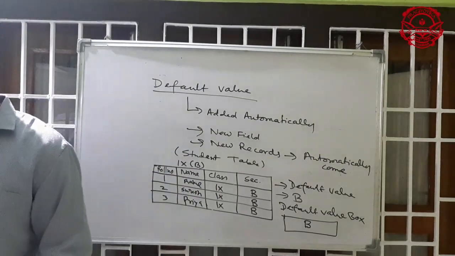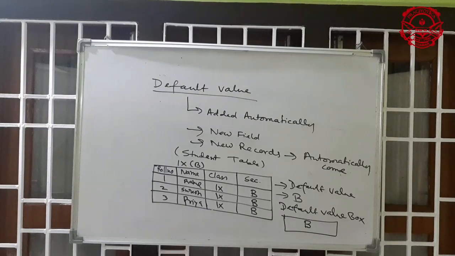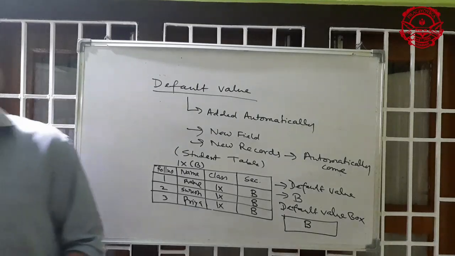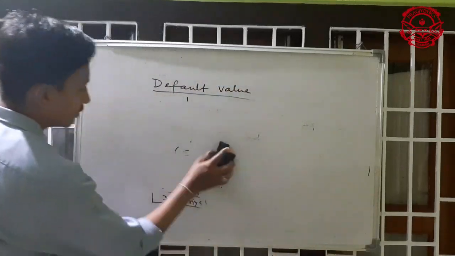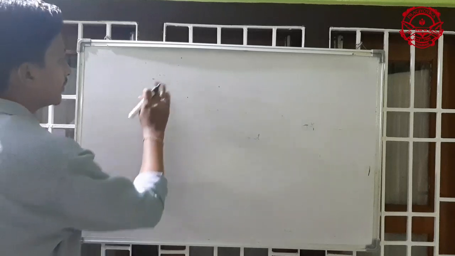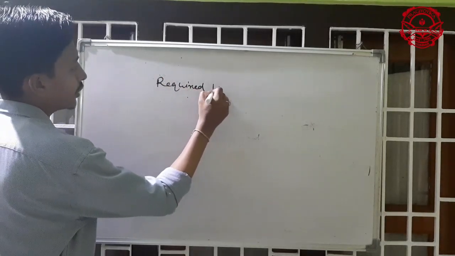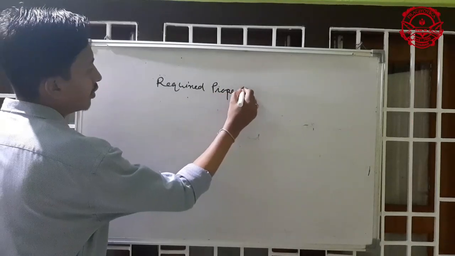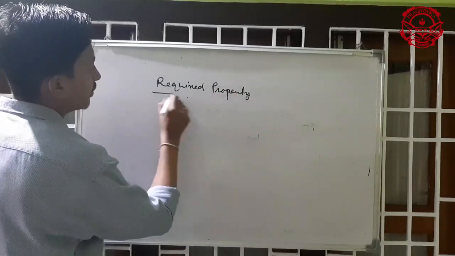Next is the required property. The next thing is very important, that is the required property.